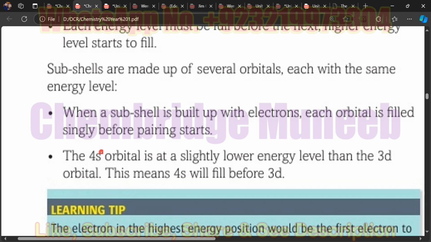Each orbital has to be filled singly, and after singly filling all the orbitals, there will be pairing of the electrons. First there will be just singly filled electrons, and then pairing. The 4s orbital is at a slightly lower energy level than 3d, which we have just seen before.